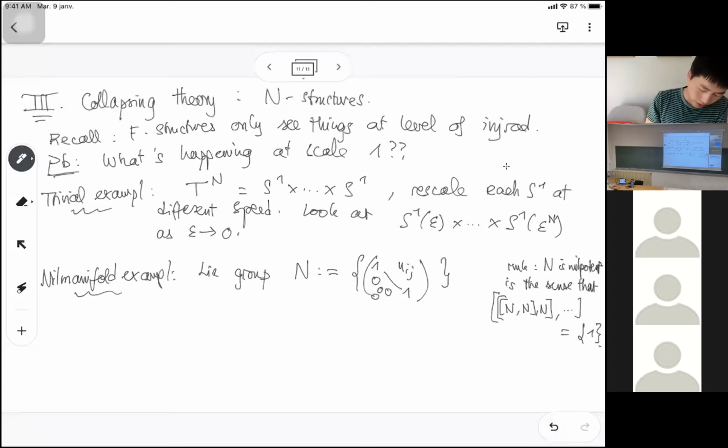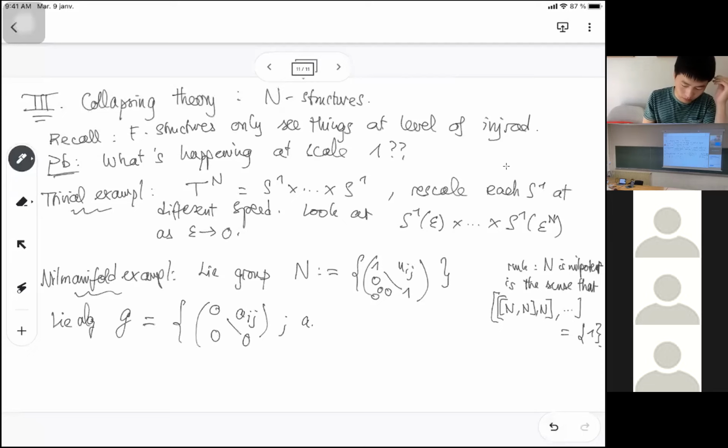Anyway, now let's look at the Lie algebra of this Lie group. The algebra of this Lie group is going to be matrices with 0 everywhere and some coefficients in the strictly upper side of your matrix.